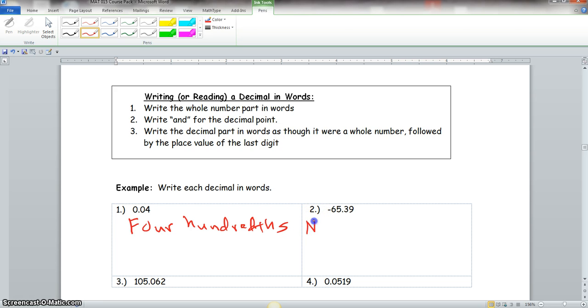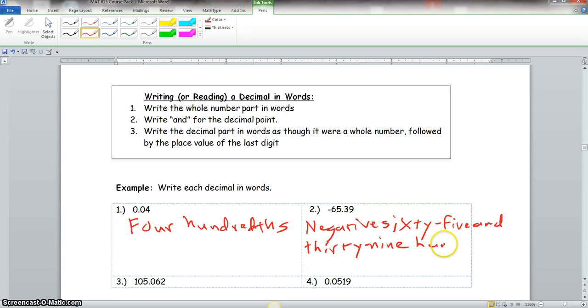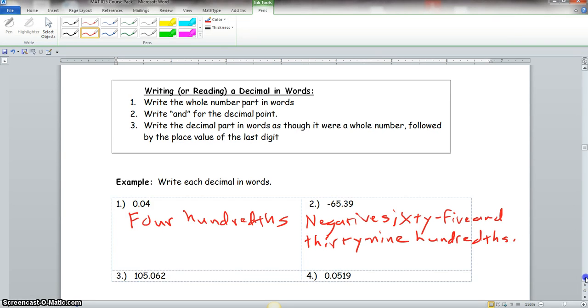So we will write -65 and 39 hundredths. And that is the final answer.